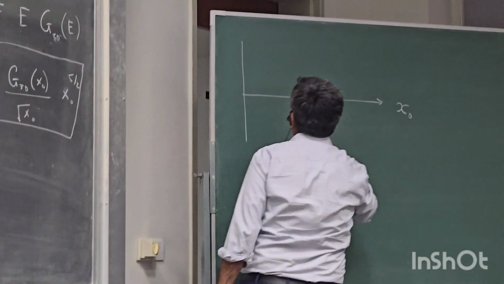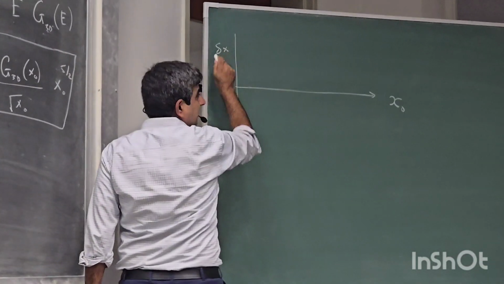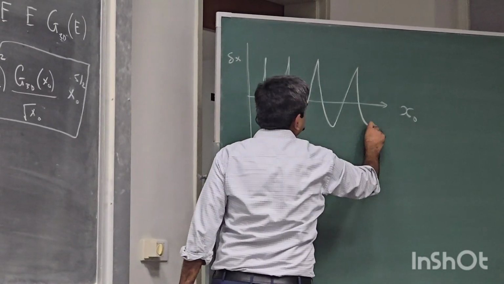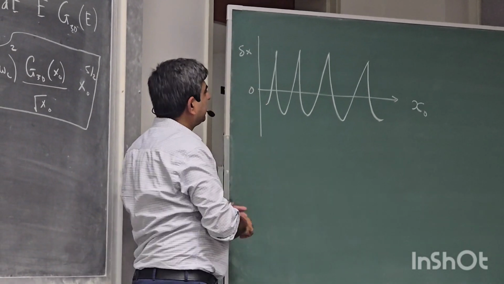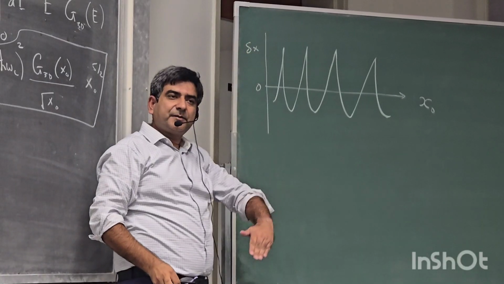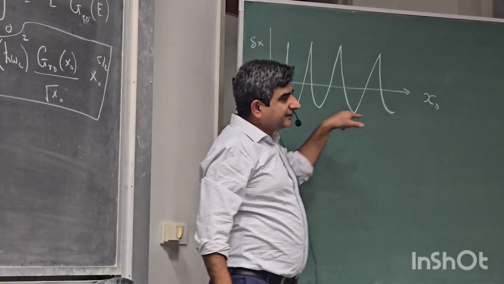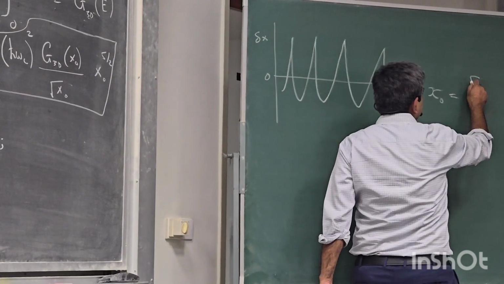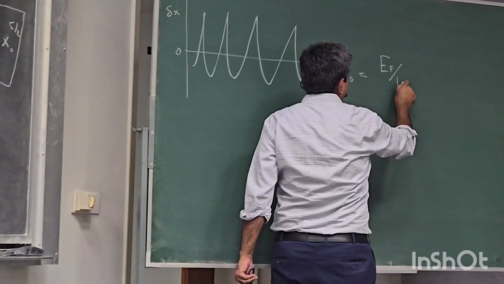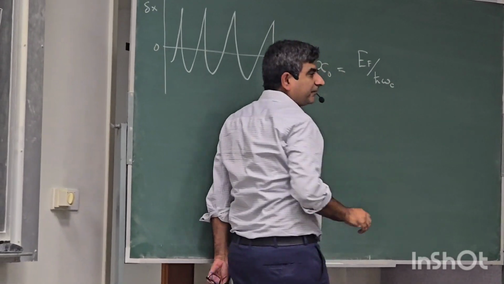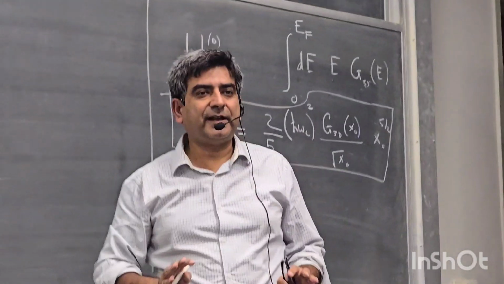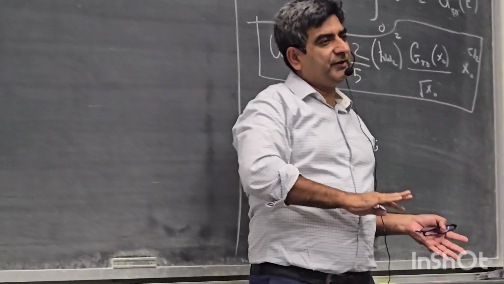So this is our x naught. This is the change in the Fermi energy, delta. You remember, we got curves of this kind. This is 0. So sometimes the Fermi level goes up and sometimes it goes down as x naught changes, where x naught is EF over h bar omega c. The reason why this Fermi energy changes is that the total density of electrons has to remain constant, whether you have a field or you don't have a field.